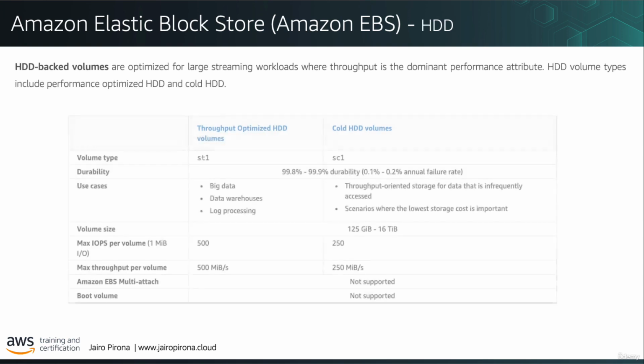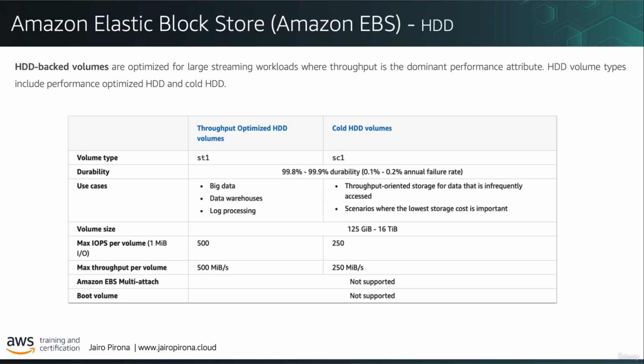And finally, we have the hard disk drive volumes. Here we come across performance-optimized hard disk drive volumes and cold hard disk drive volumes. As for performance-optimized hard disk drive volumes, ST1, basically these volumes provide low-cost magnetic storage that defines performance in terms of throughput rather than IOPS.